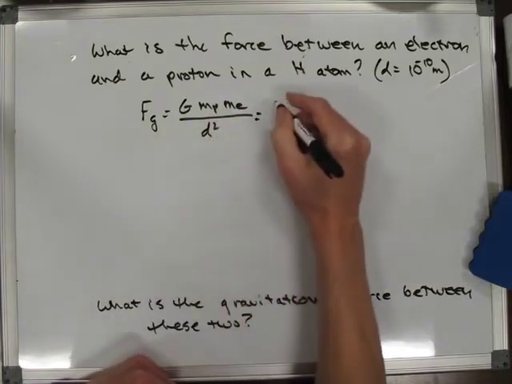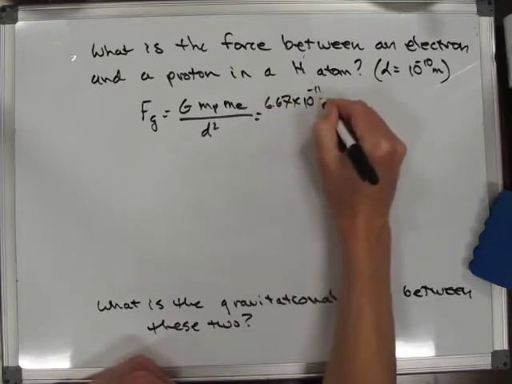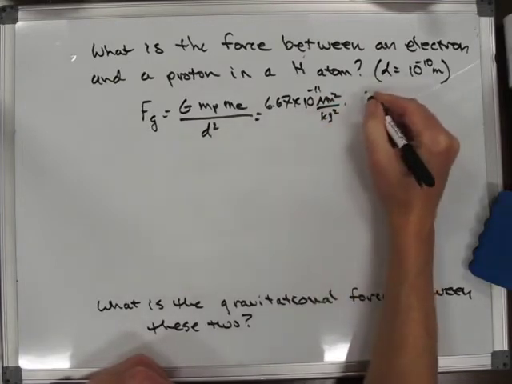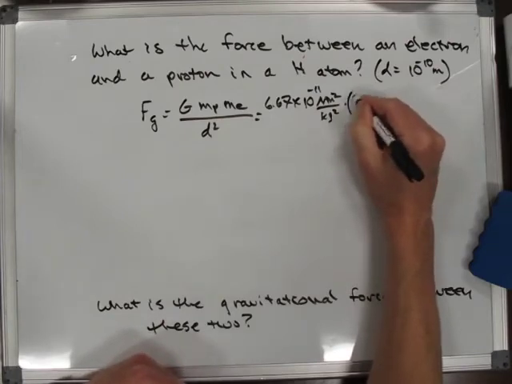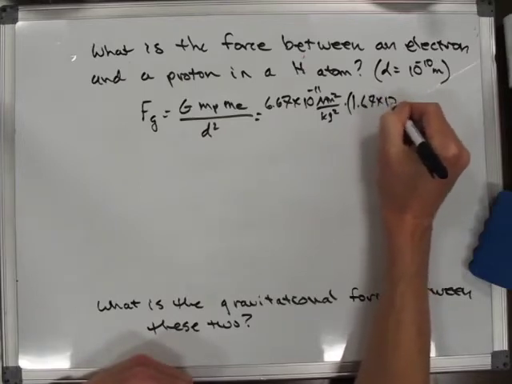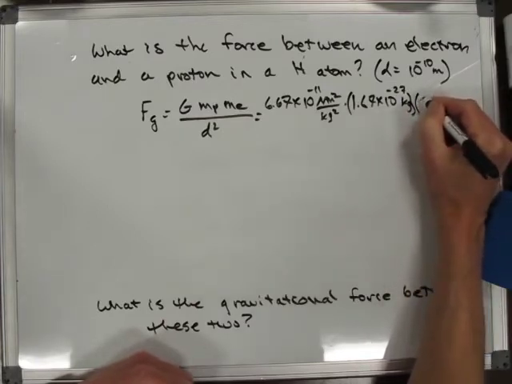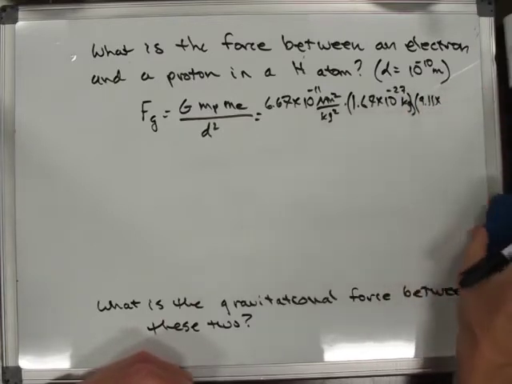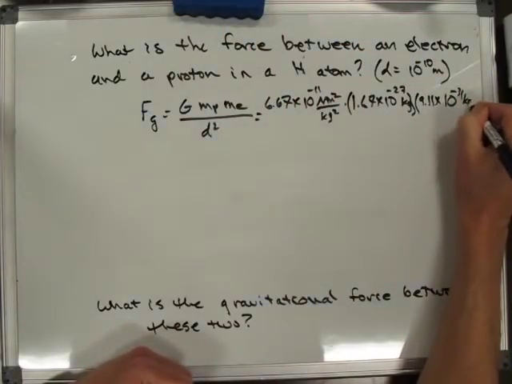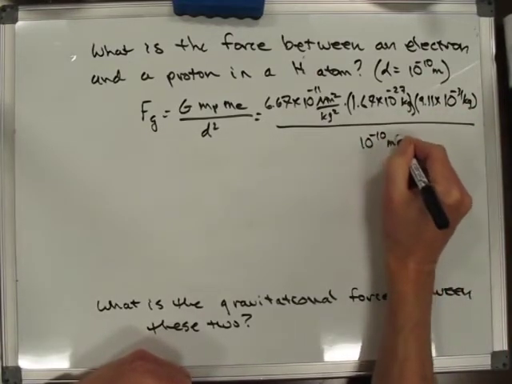So it's the same distance, and now we have 6.67 times 10 to the negative 11th Newton meter squared per kilogram squared, times the mass of a proton, which we said in the previous video is 1.67 times 10 to the negative 27 kilograms, times the mass of an electron, which is 9.11 times 10 to the negative 31 kilograms, all over 10 to the minus 10 meters squared.